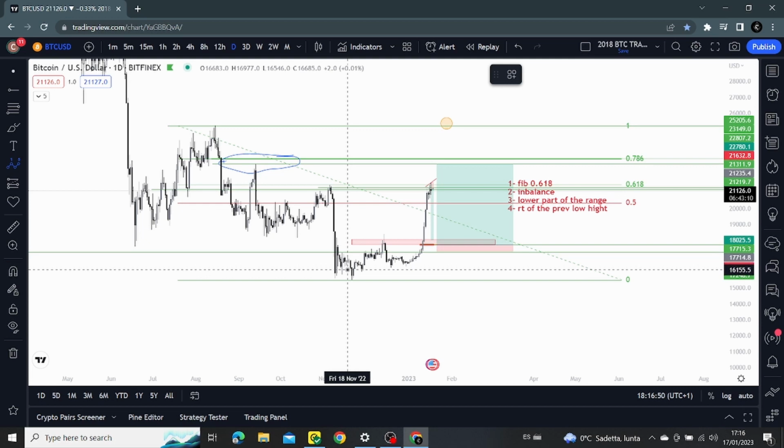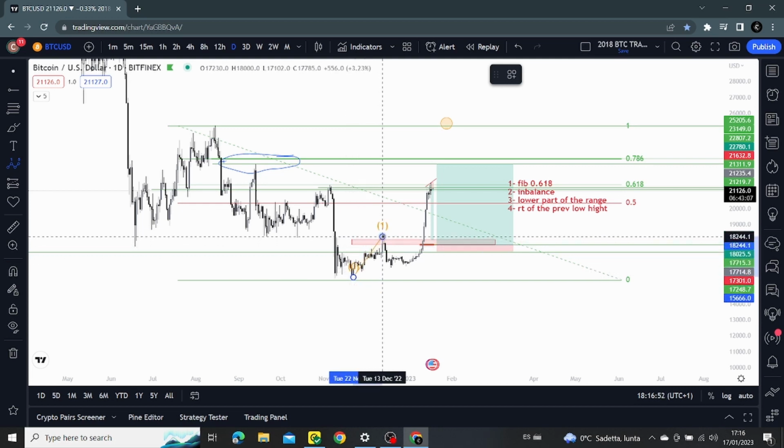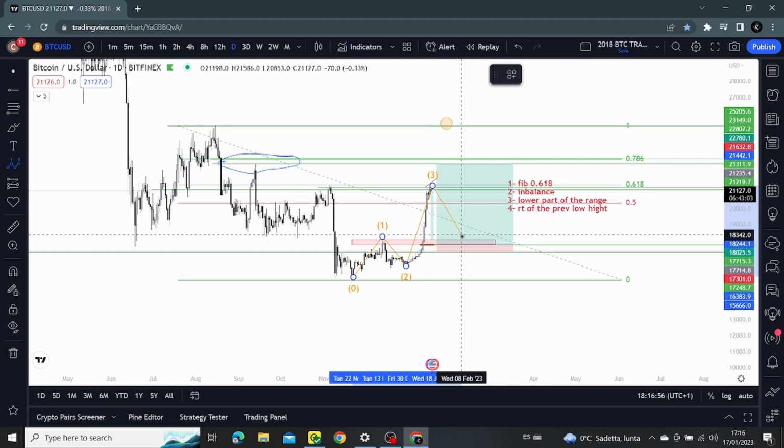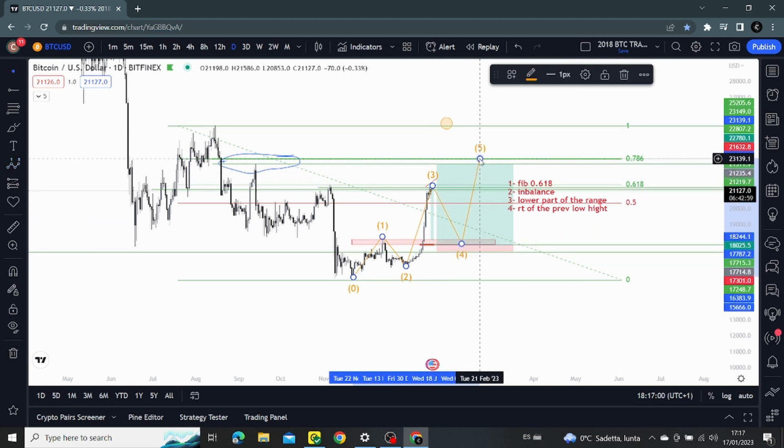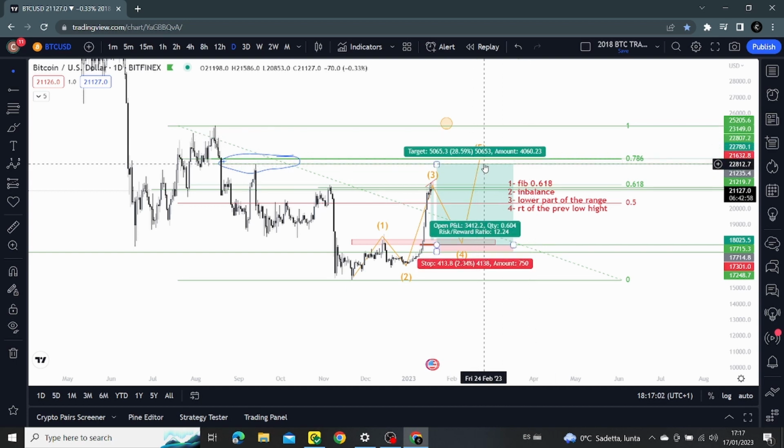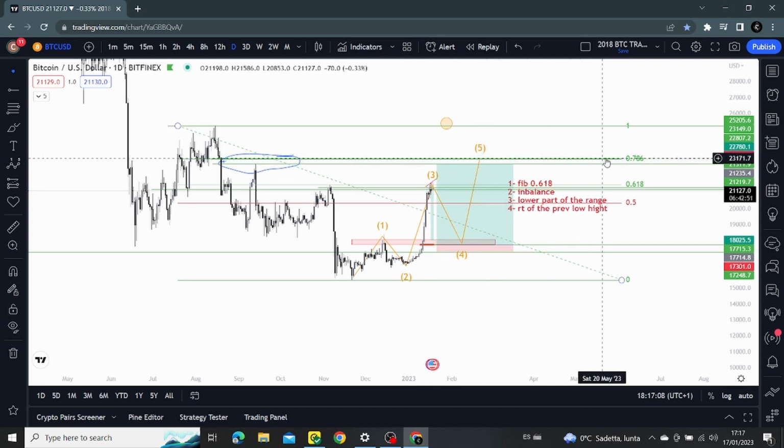Remember, we have 1 drive, 2 drive, and we are working in the third drive, okay. My take profit for the long position is gonna be around the 0.786 Fibonacci retracement, okay. In this case, extension.